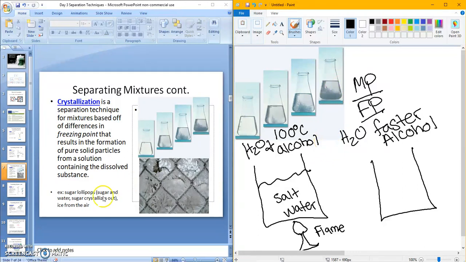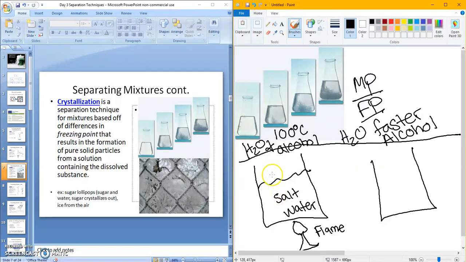Now, crystallization is also used for the term when you return a substance to its normal state, when it's a crystal. For instance, salt water. If I mix salt with water, it turns into a homogeneous mixture. I can't tell the difference. But if I put it over a flame, salt will not melt, but the water will evaporate.